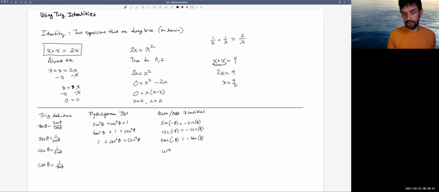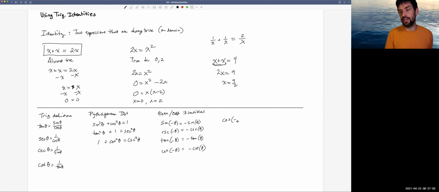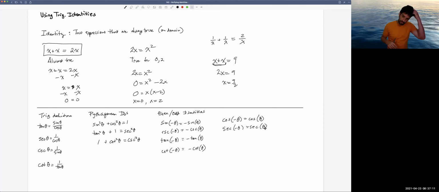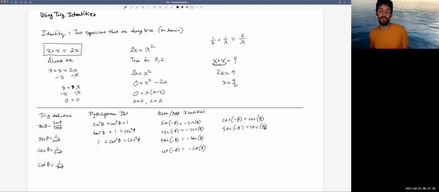And cotangent of negative theta is equal to negative cotangent theta. And then the even ones: cosine of negative theta is the same as cosine of theta, and secant of negative theta is equal to secant of theta. In all of these cases, these are identities we already have, we're free to use. If we see an expression on one side of any of these equal signs, we can replace it freely with the expression on the other side, right?